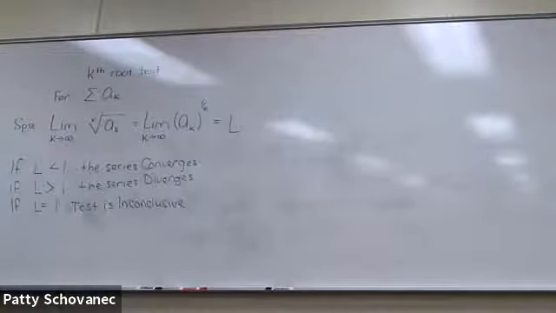But this test is very, very limited. What you need in order to use this test is all of the terms in your series have k powers. If any one of the terms doesn't have a k power, this is harder to use than the ratio test. But if every single term is raised to the k power, then this is a quickie.